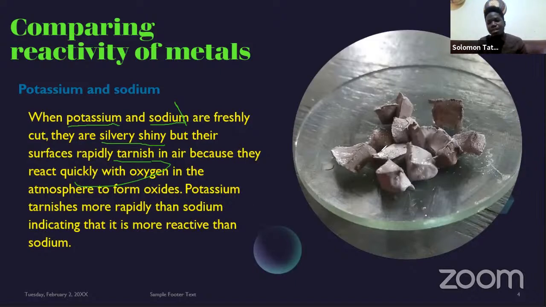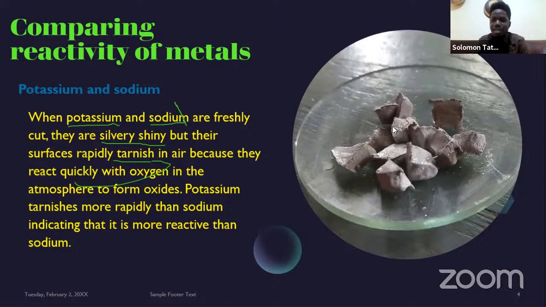So when you look at this picture here, I'm trying to show you what exactly happens. This is sodium that has been cut. Sodium is mainly silvery, gray in color and very shiny.